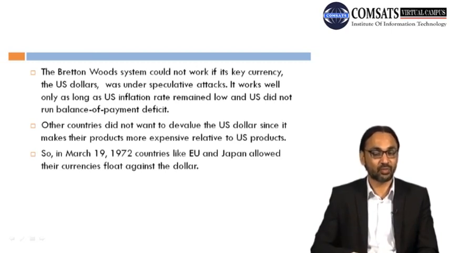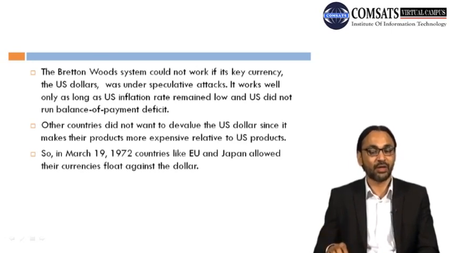It works well only as long as the US inflation rate remained low and the US did not run a balance of payment deficit. Exports should not be lower than imports. Other countries did not want to devalue the US dollar since it makes their products more expensive relative to US products. And so in March 1972, countries like the EU and Japan allowed their currencies to float against the dollar.